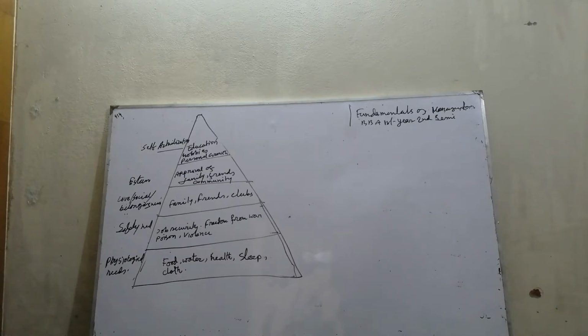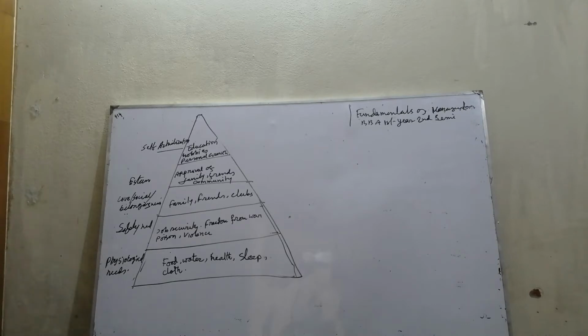It is one of the oldest theories on motivation. Maslow was of the view that human behavior is directed towards the satisfaction of certain needs. He classified human needs into 5 categories and arranged them in a particular order as given below.